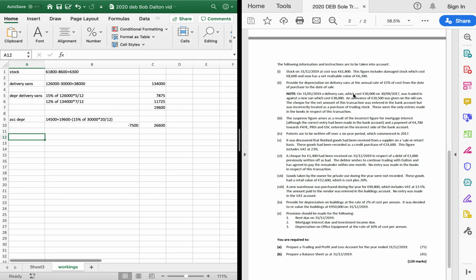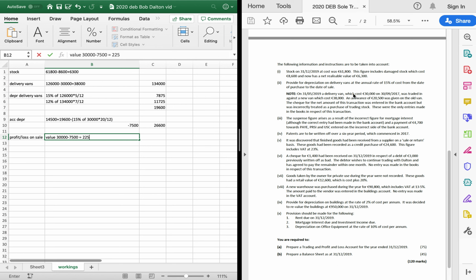Okay, profit or loss on the sale. So it's the one we sold. So its value is what it cost, 30,000, minus its accumulated depreciation of 7.5 we just worked out.